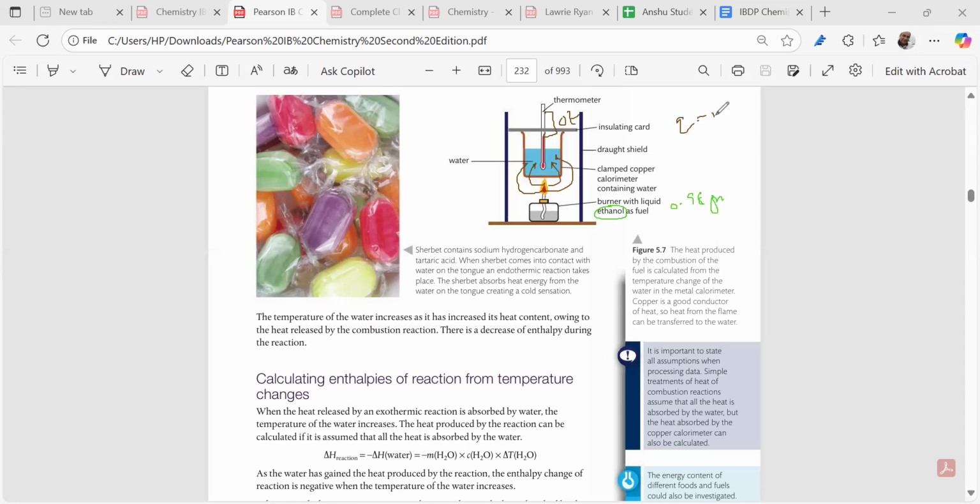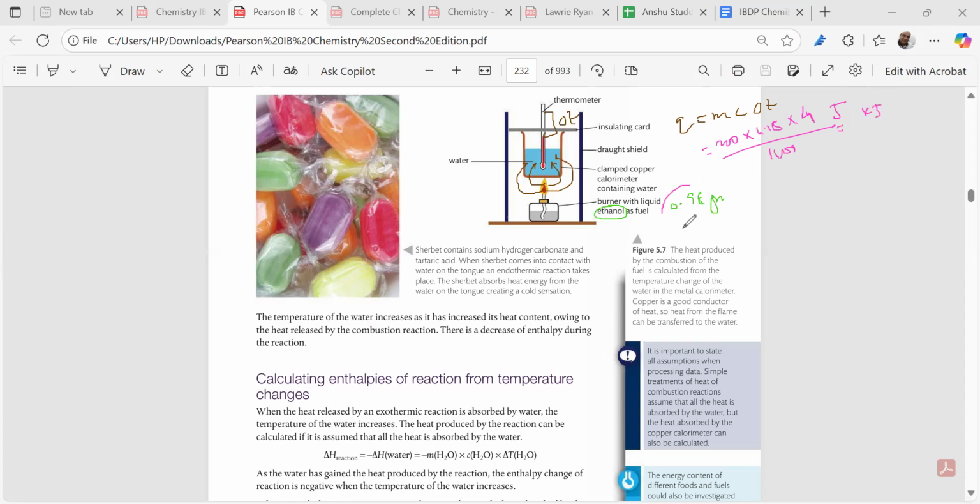So Q is equal to mc delta T. What is M? M is the mass of the water we have taken, suppose 200 grams. What is C? Specific heat of water or aqueous solution is 4.18. What is delta T? Thermometer temperature increase was 4. This is in joules. We divide this by 1000 to get kilojoules.